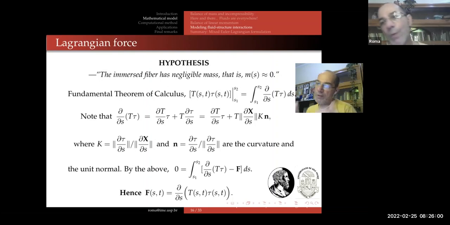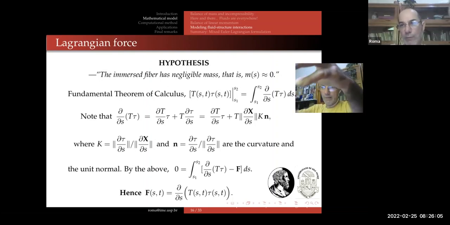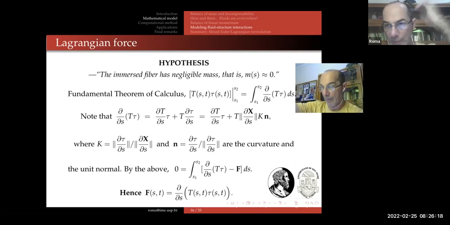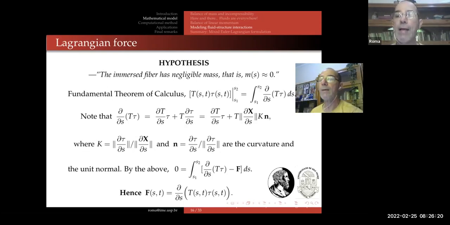It's just an example of what I said. I removed from the elastic fiber a piece of it, and by some considerations and some mathematical hypotheses, I arrived at the conclusion that this is the elastic force for the fiber points, and now I have to connect that with the fluid. So how do I do that? Let me try to show you.